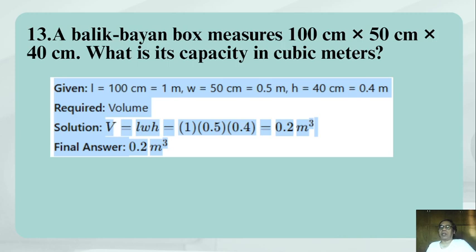Our height is 40 centimeters and in terms of meters, that's 0.4 meter. Using our conversion, 1 meter is equal to 100 centimeters. So required: volume. The formula to use is V equals L W times H. Substitute the given data. Our final answer is 0.2 cubic meters.